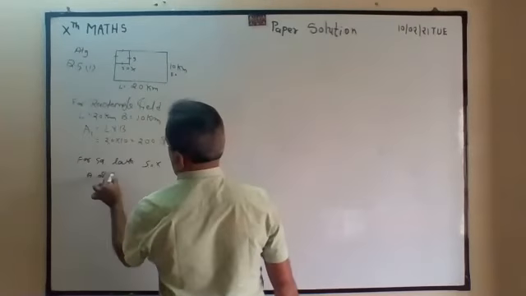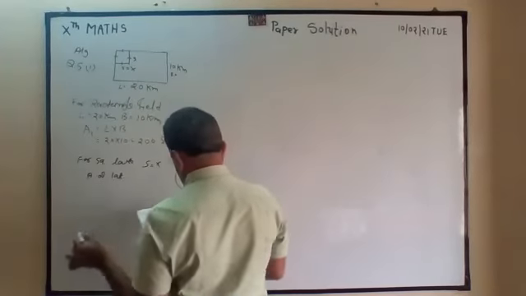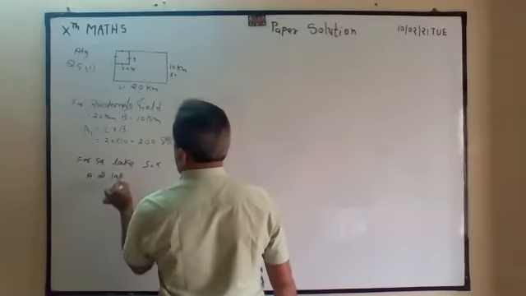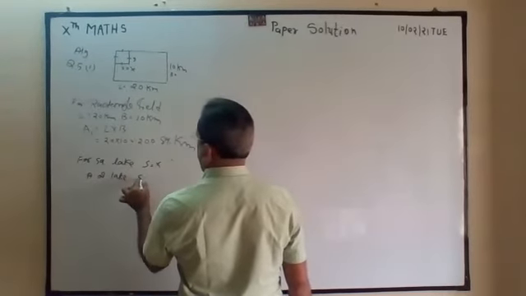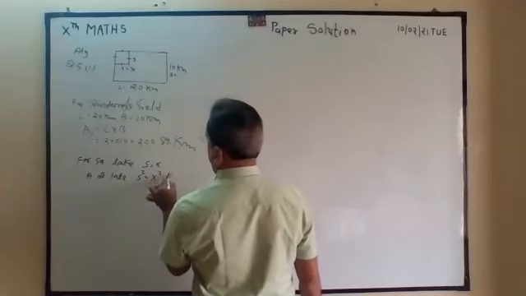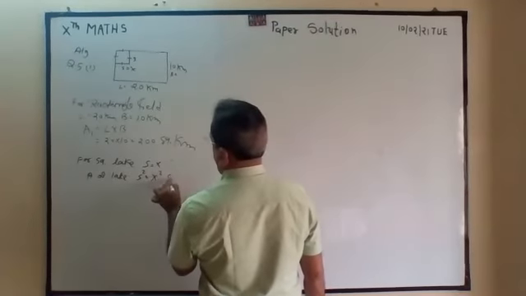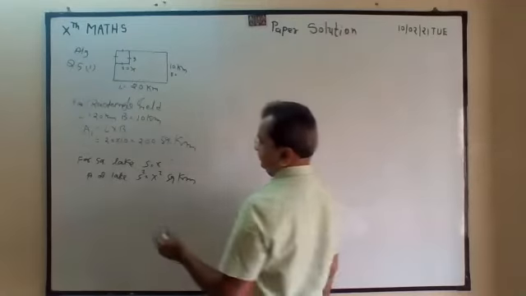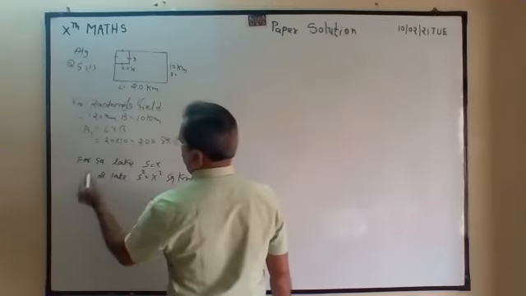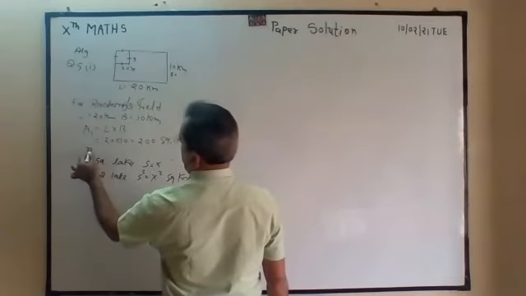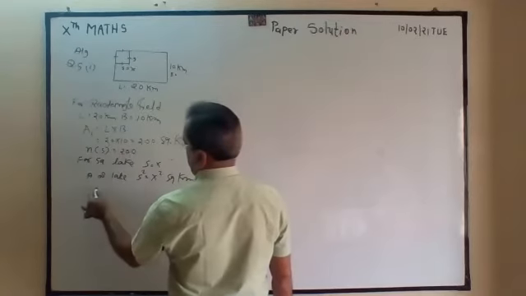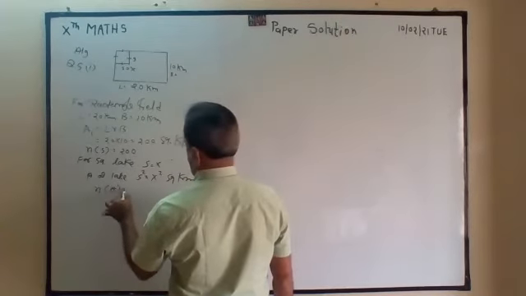So area of lake is equal to S square is equal to x square kilometer. Correct. So this is number of S. This is number of E.